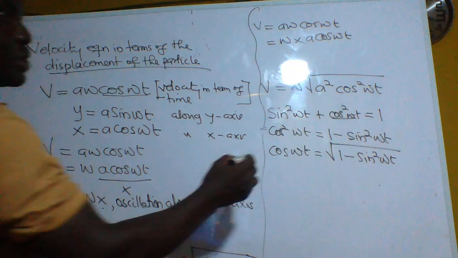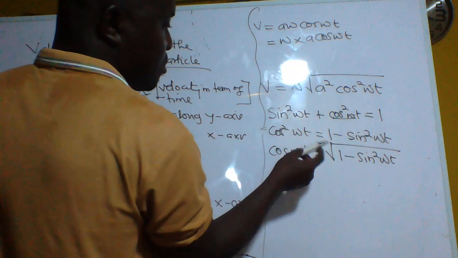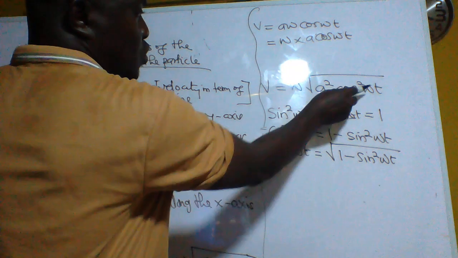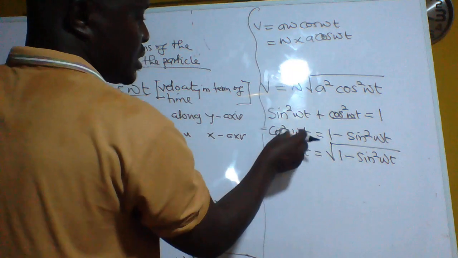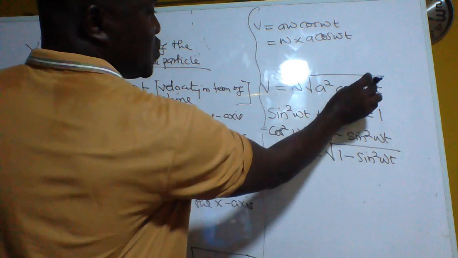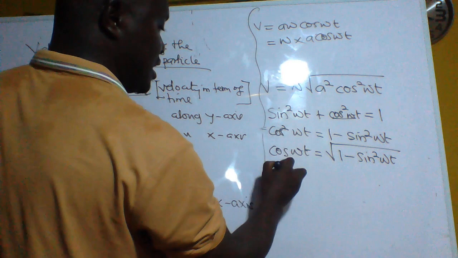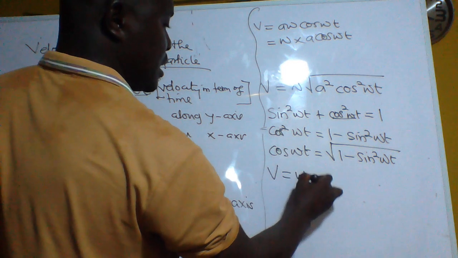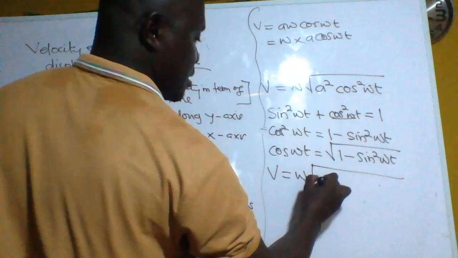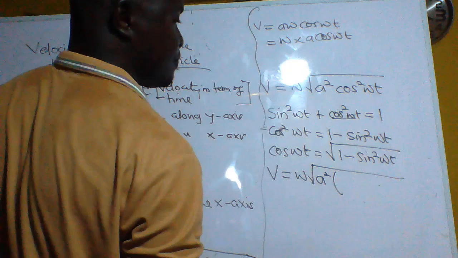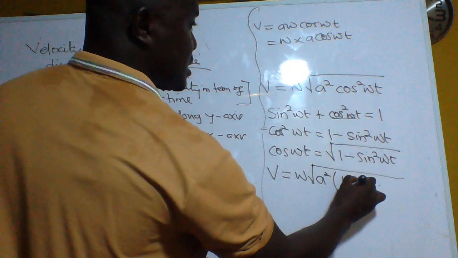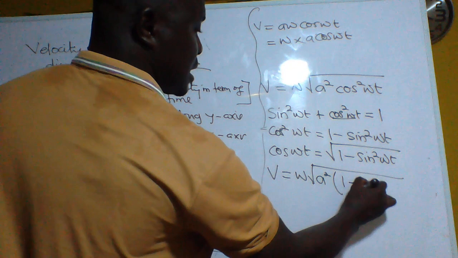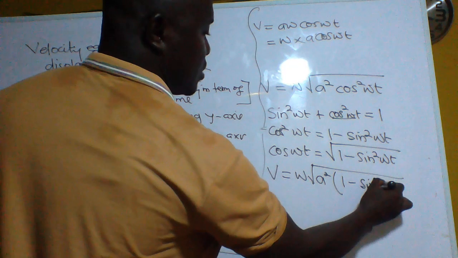Let's substitute the square straight away. When we substitute cos squared omega t into this, we have v is equal to omega times the square root of A squared times 1 minus sine squared omega t.